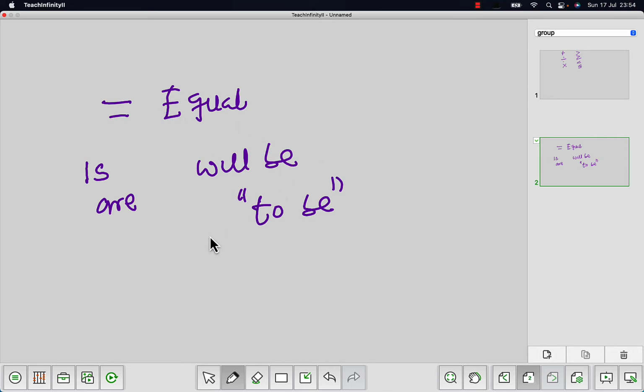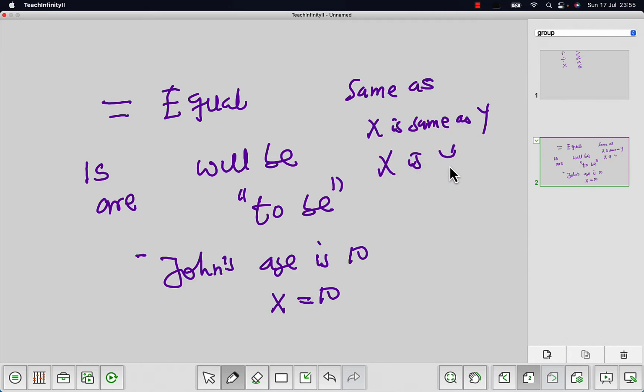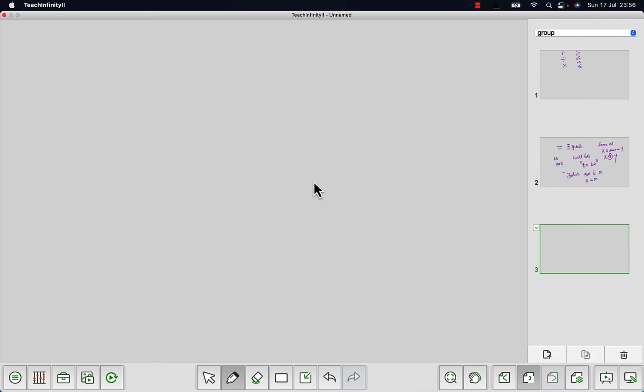For instance, you can say "x is y". You understand what I'm trying to say? So whenever you see "is" or any form of the to-be verb, it's equal to.